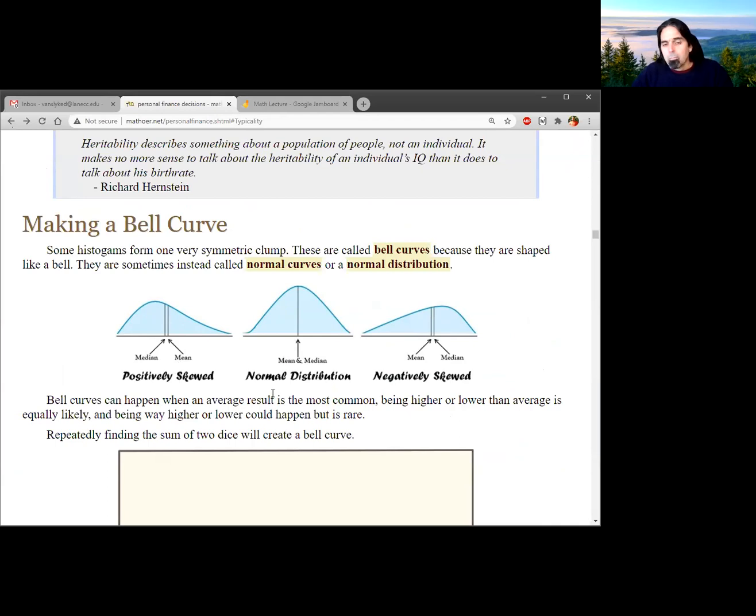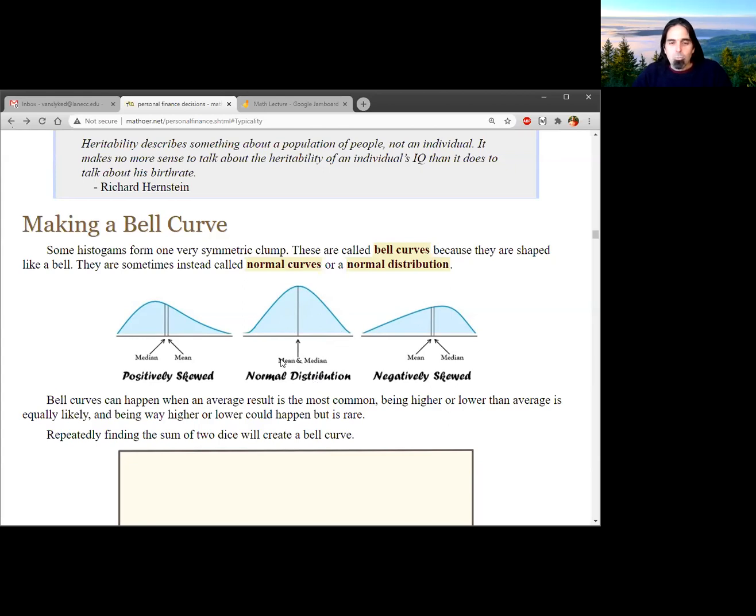If the curve was balanced, if the mean and the median are the same number, if most objects in this collection were average, and there's an equal number of things that are higher and lower, and the chance that you're much higher or much lower is less than slightly higher or slightly lower, that's called a normal distribution.